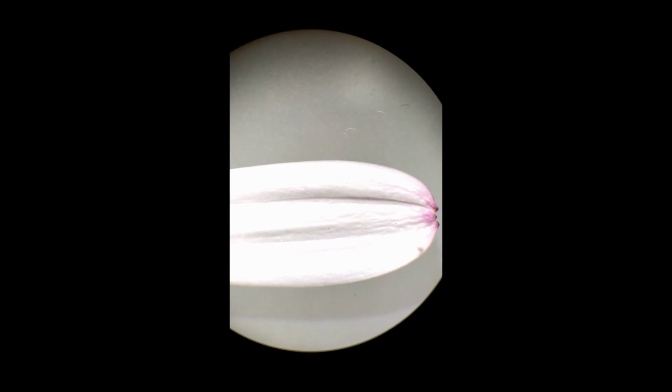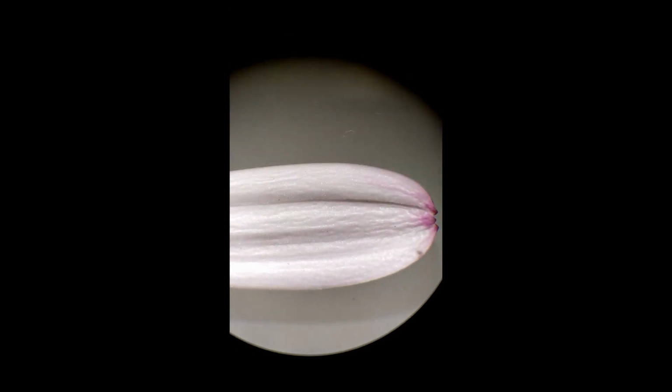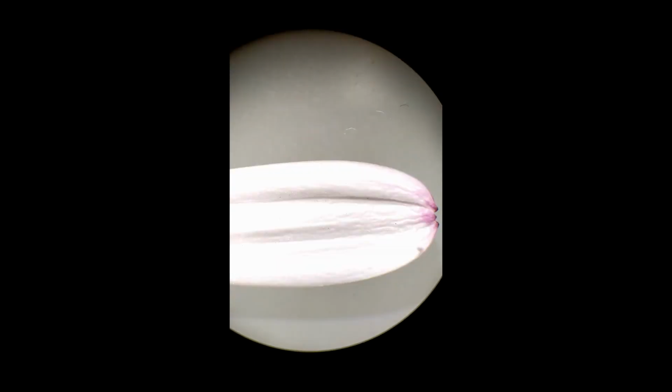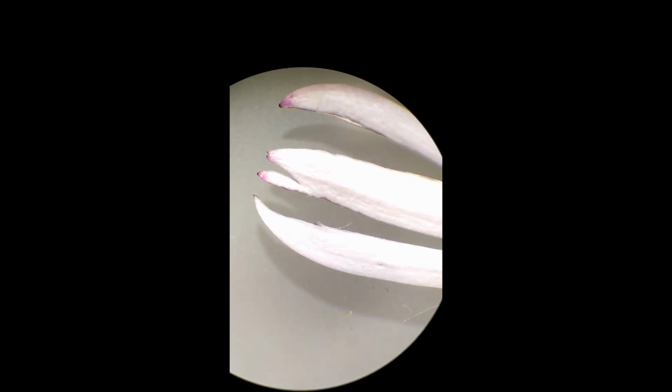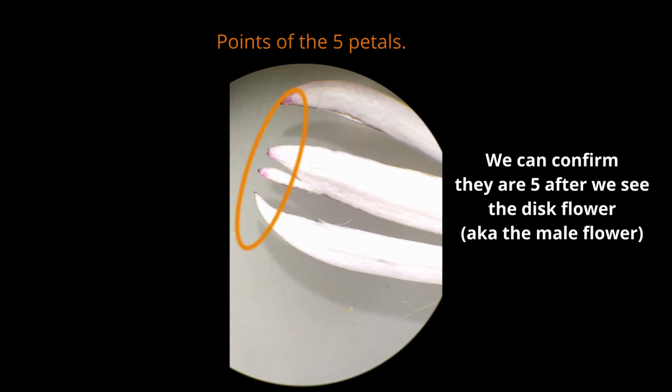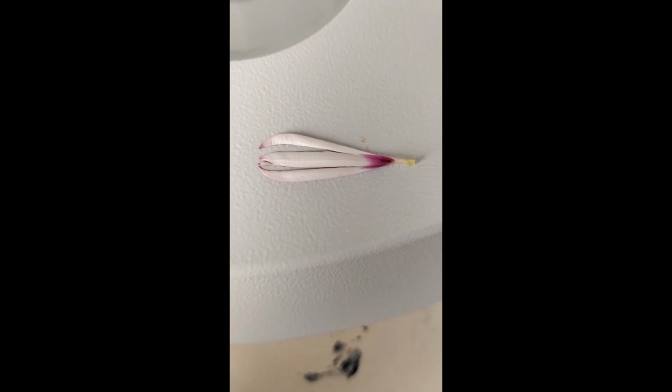As you can see, there are very deep lines in the petal, which means those are central nerves of each petal. Here, I was able to separate them, and as you can see, there are 5 petals. How can I say there are 5 petals? There are 5 points on the petal. So each point is a different petal, and as you can see, there are 5 there.